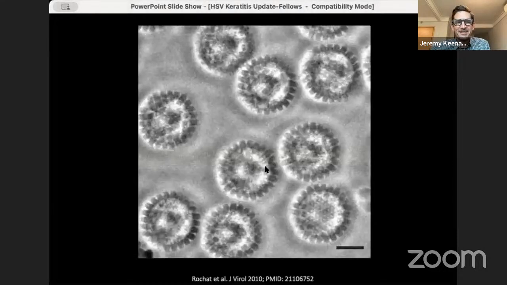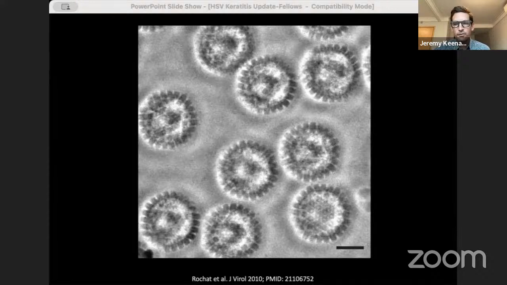Okay, good. So some of this will be a bit of a review, but herpes virus is a 200 nanometer diameter double-stranded DNA virus. People are infected through the ocular oral mucous membrane.